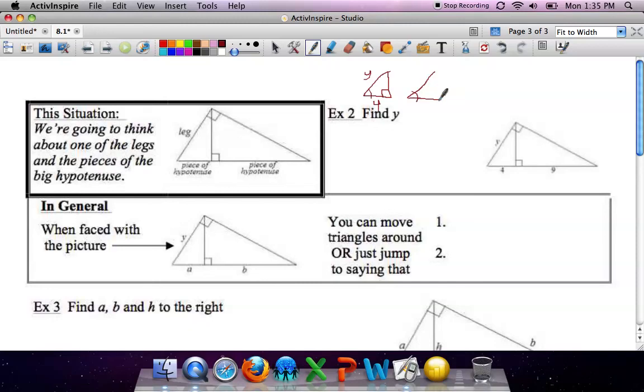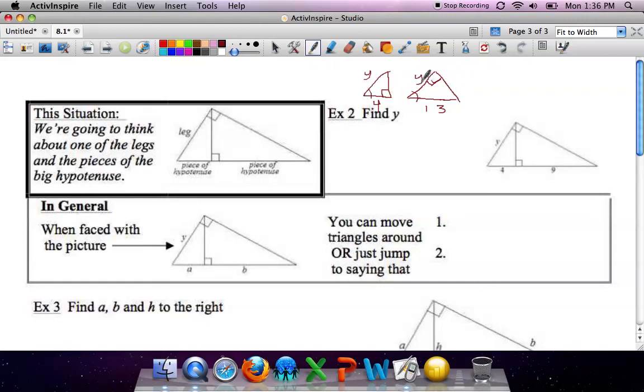Now this is going to be 13. But now notice that the right angles are not in the same place.